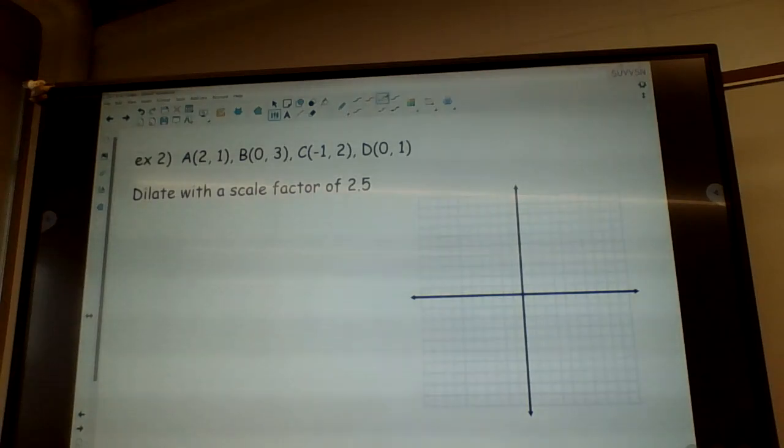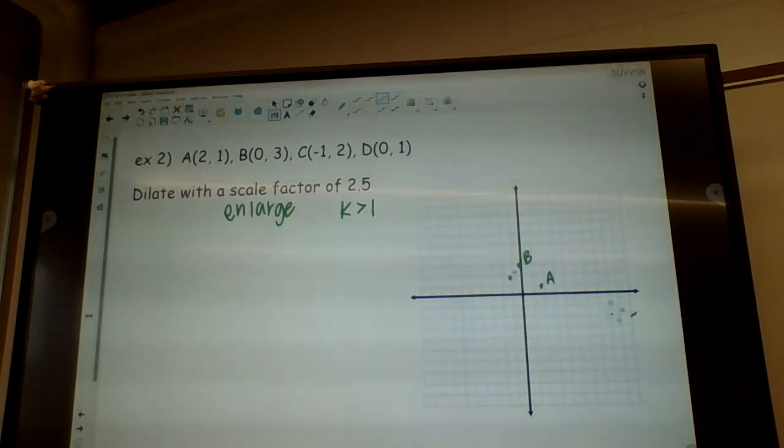Now since 2.5 is greater than 1, this is going to enlarge, or it's going to get larger. So my first one is going to be very small. Little shape here, and you don't always have to put the letters on, it's just sometimes that's easier for me to visualize what's happening there.